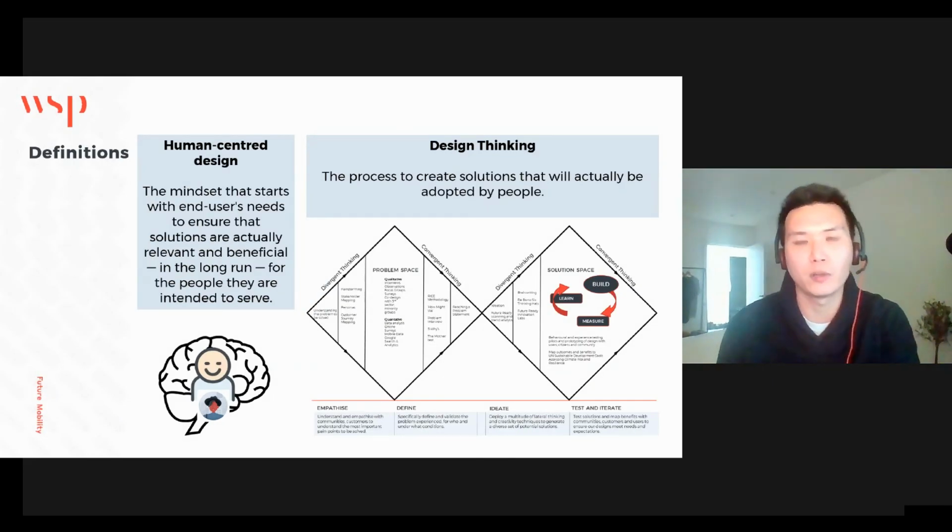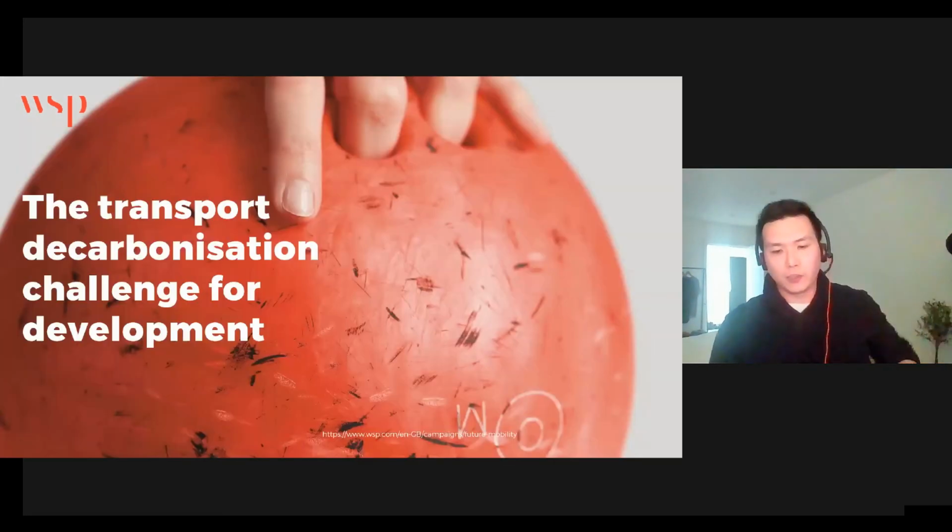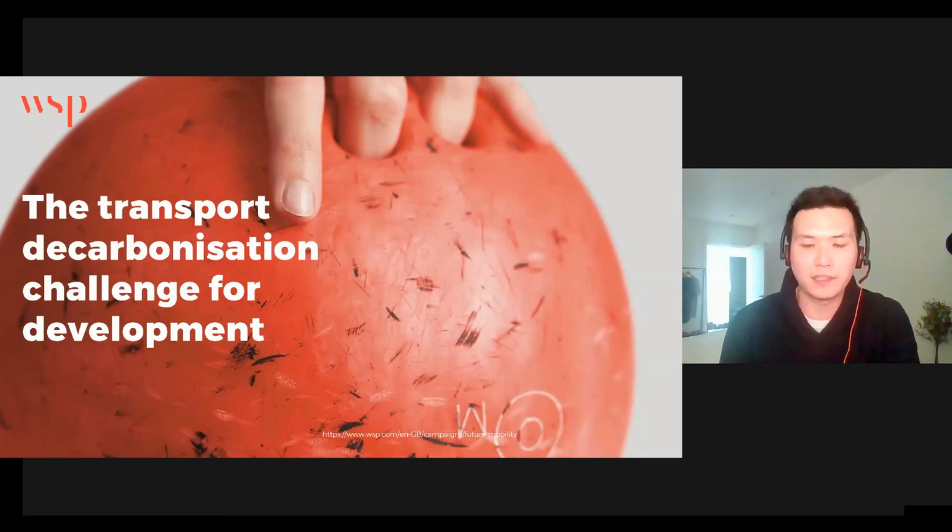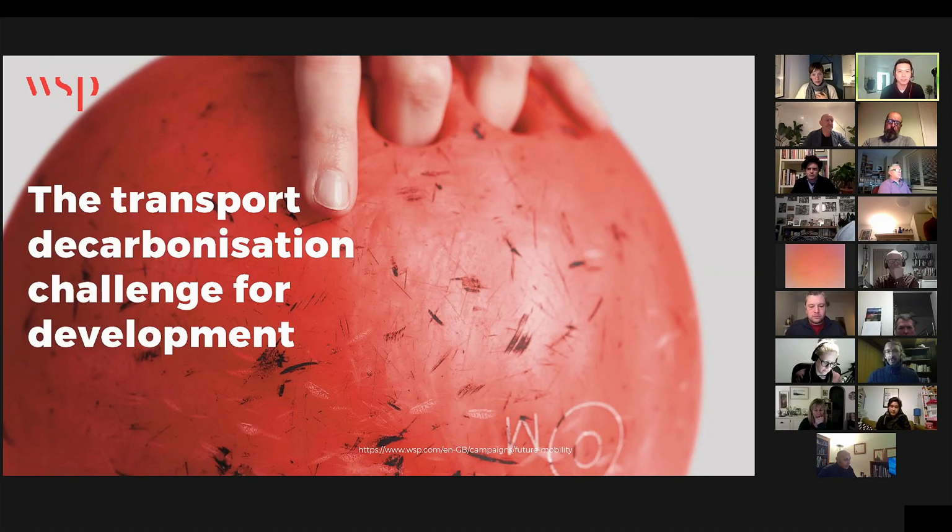So what are the solutions to address the problems, and then to test and iterate your solutions. So refine, gather data to really understand how your solutions are working and how effective they are.